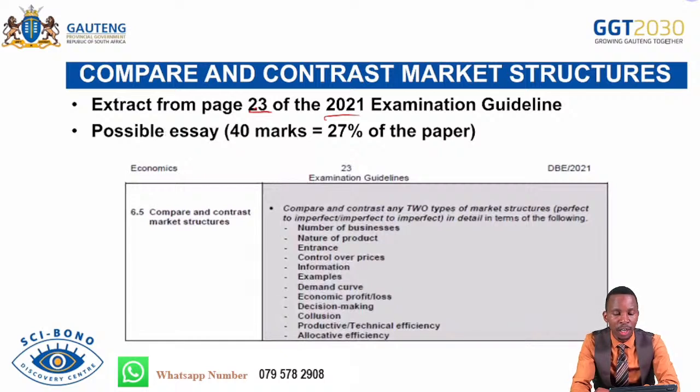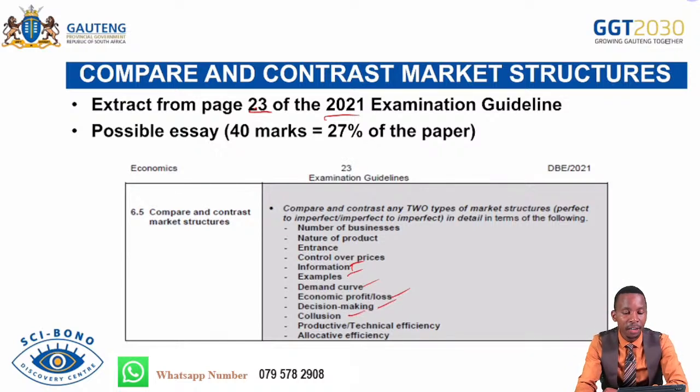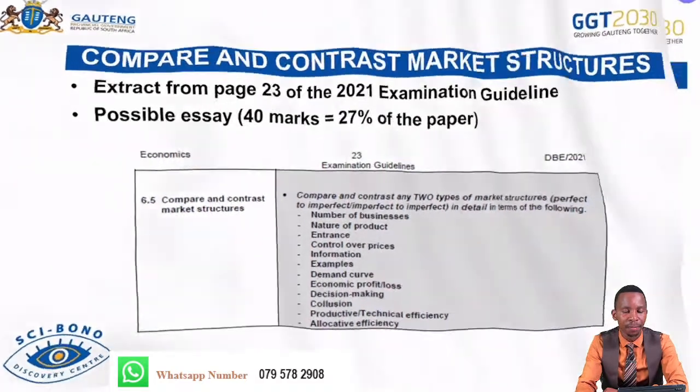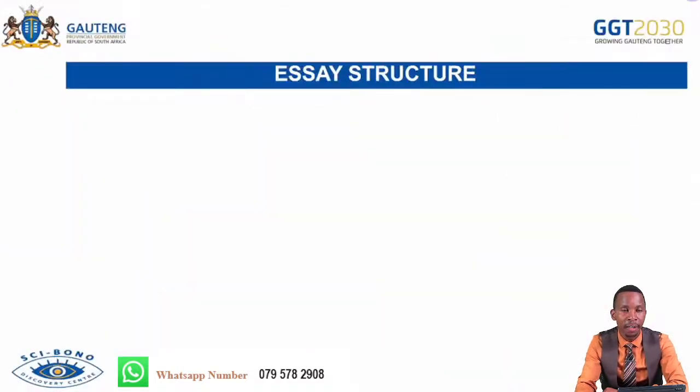So in this case, we can compare either monopolistic to monopoly, monopolistic to oligopoly, monopolistic to perfect market. We can look at the number of businesses, entry, control over the price, information, examples, demand curve, economic profit or loss, decision-making, collusion, productive or technical efficiency, or allocative inefficiency. This is sourced from the examination guideline.